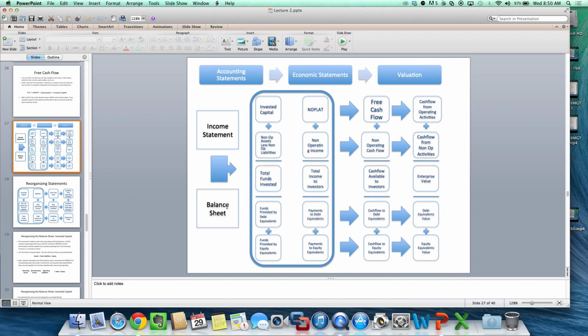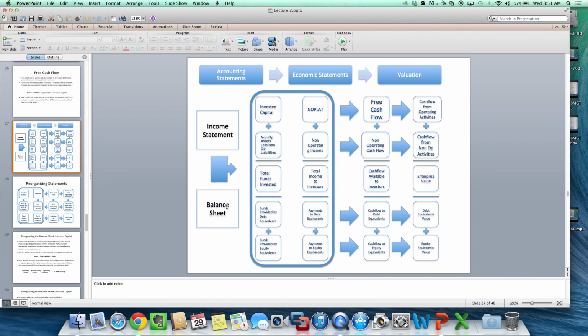Okay? So that's the amount of total cash that we have tied up in operating and non-operating activities. Right? Well, that total funds invested is going to be financed by the debt equivalents, anything that's interest bearing, and the equity equivalents, all the equity that's tied up in the business. Again, 1 + 2 = 3 and 4.